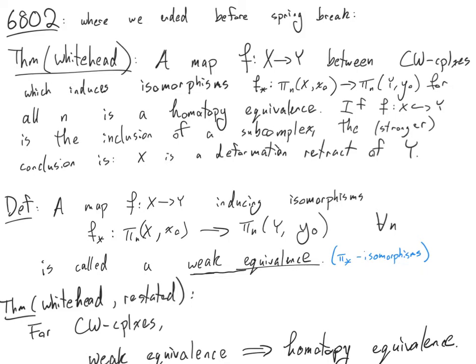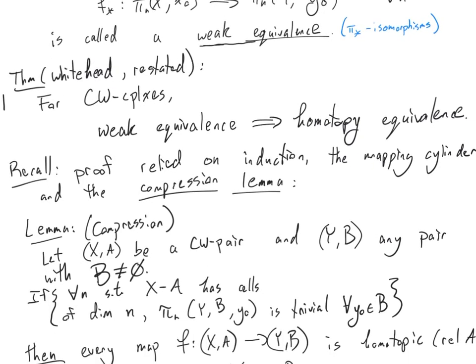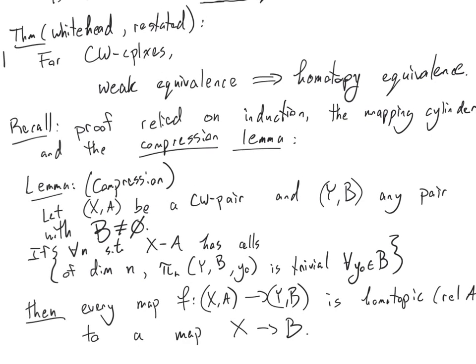Using that definition, we can restate the Whitehead theorem as saying that for CW complexes, weak equivalences imply homotopy equivalence. So if a map is a weak equivalence, you know by default that it's a homotopy equivalence.